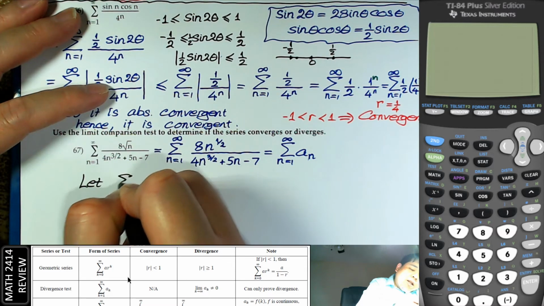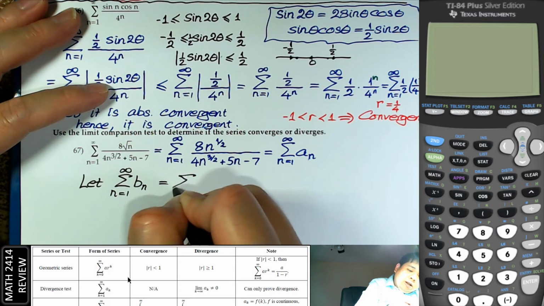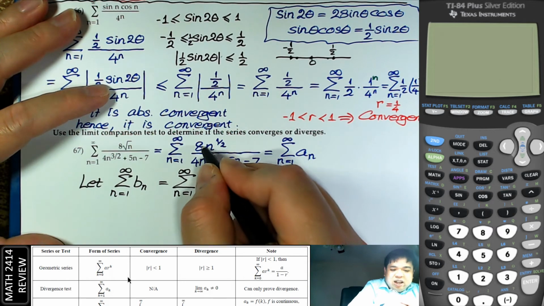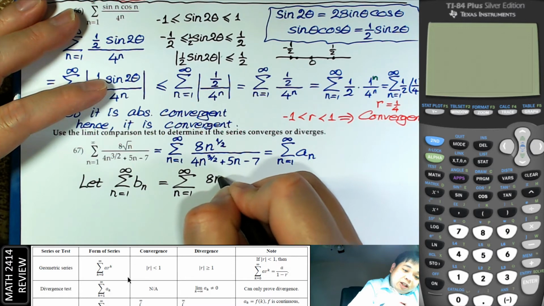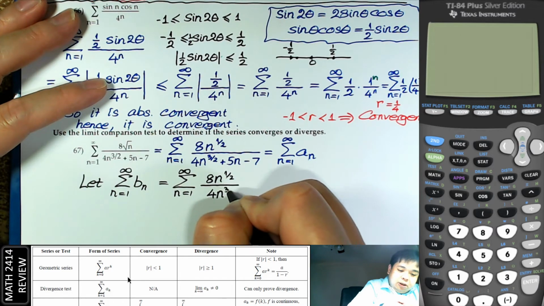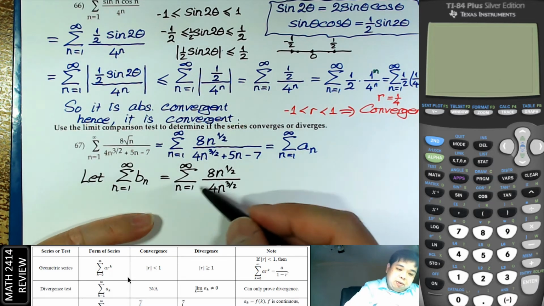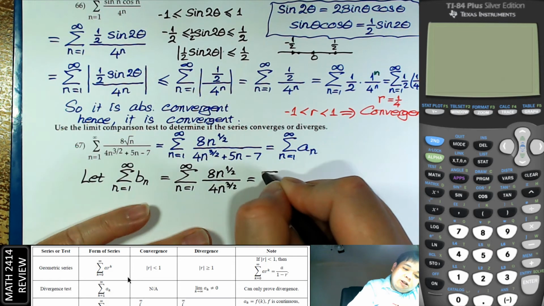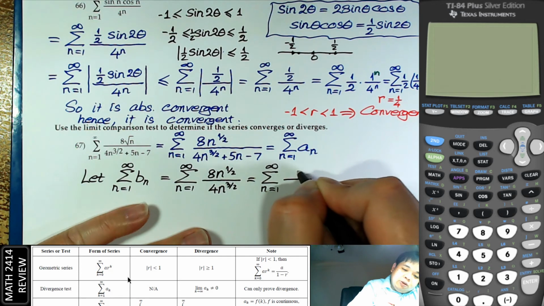So let the series of b sub n be, we can just take the highest power. We can even take out the 8 and the 4, but we don't really need that. But if we have it, it's fine. We just need the power. Now the powers 1/2 and 3/2 cancel to give 1, and 8 divided by 4 is 2, so 2 on top.